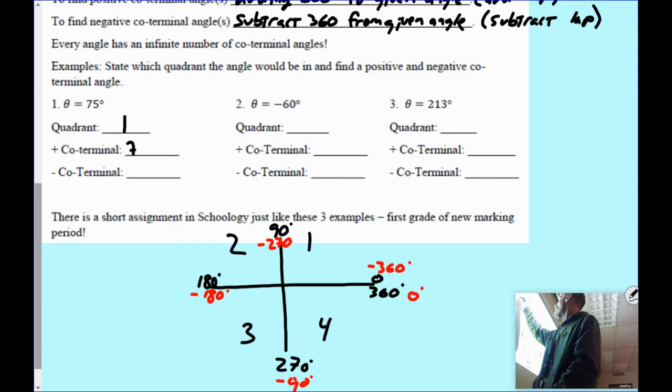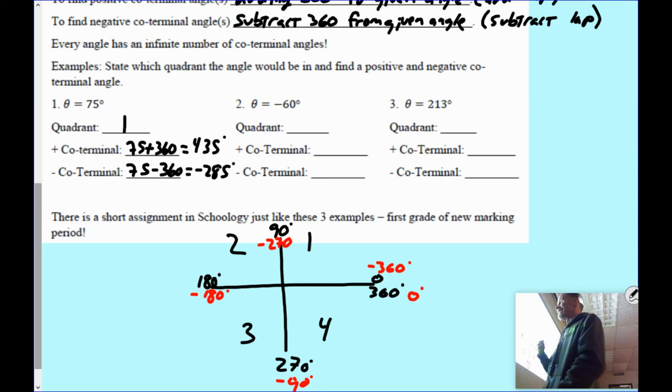So we're going to take 75 plus 360, which would be 435. For the negative coterminal angle, we do 75 minus 360, which is negative 285. And that's literally all there is to it. First day back, nice easy day for us.